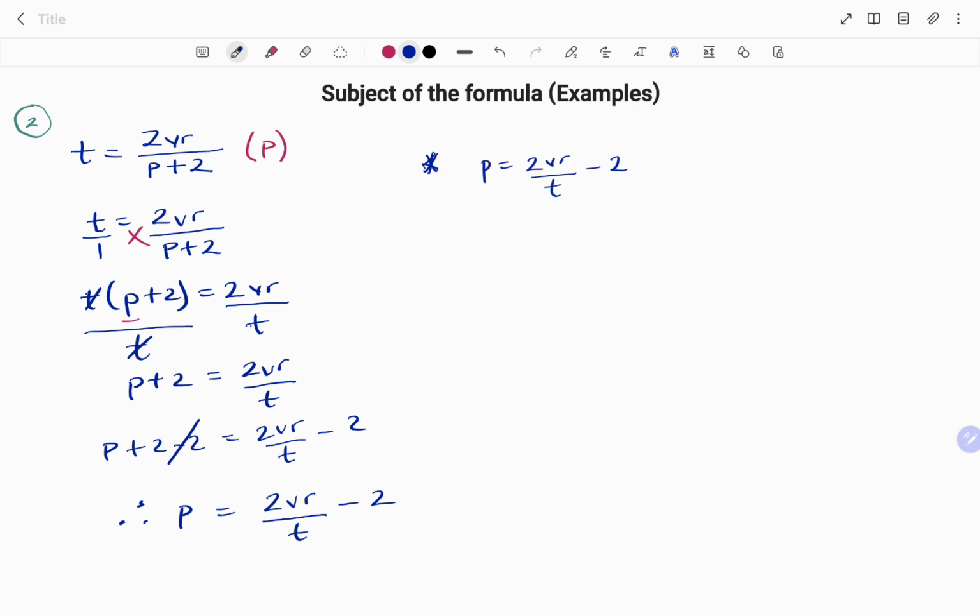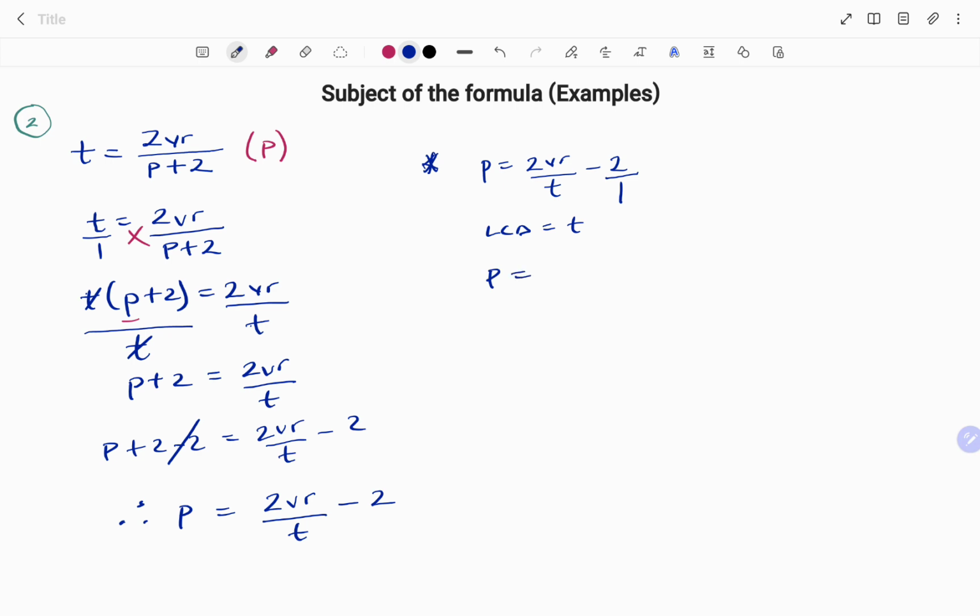Note that I can decide to tidy things up a bit to make them have the same denominator, or put them under the same denominator. This is a whole number, so this is over 1, so I can further simplify because my LCD, lowest common denominator, here is T. I'm going to multiply the right hand side by T to make them have the same denominator.